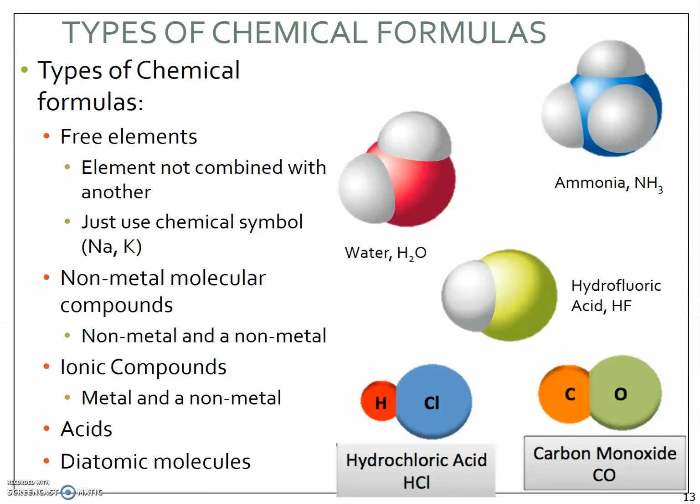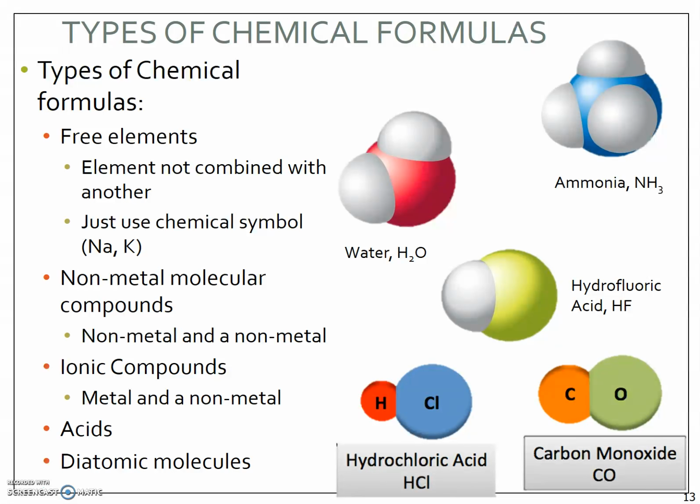The other types of compounds are acids and diatomic molecules. We will also be discussing hydrates, and this is particularly important for lab. Each type of compound can be represented by a chemical symbol or chemical formula, but also by a name.